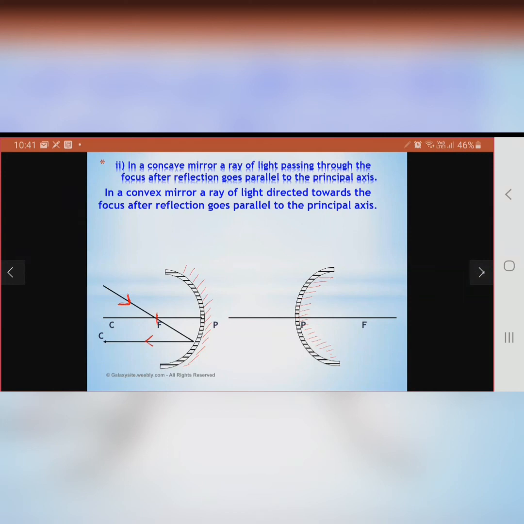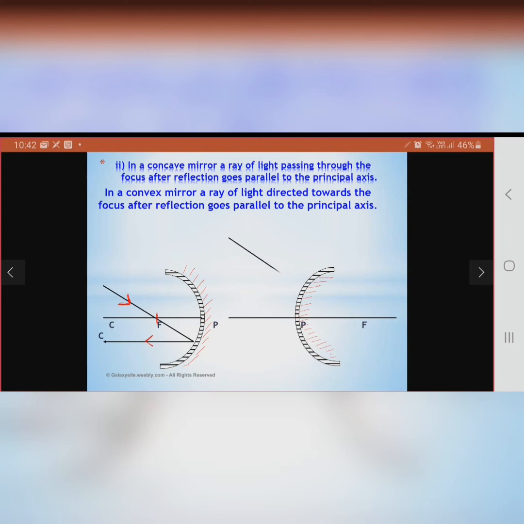Now this rule would change slightly for the convex mirror, because any ray which passes through the focus of the convex mirror would be at the back side of the mirror, because a convex mirror has a virtual focus and it is behind the mirror. So here the rule gets modified a bit.